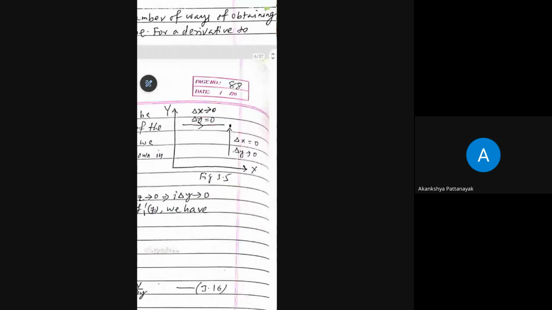For a derivative to exist, we demand that f' be unique as delta z tends to 0, regardless of the path chosen. For convenience, we consider two approaches as shown here on the screen.